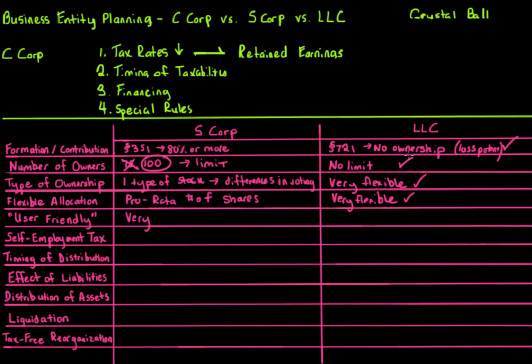But generally speaking, with S corporations, you've got fewer owners, it's a lot more user-friendly, and the tax returns and the filing, if you're hiring an accountant, it's going to be a lot more simple. You're going to probably pay less than for an LLC. LLCs can be friendly. It really depends. I'm going to say it depends here, and because of this, it could be complex, could not be complex.